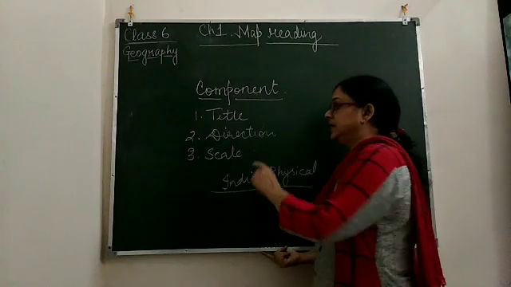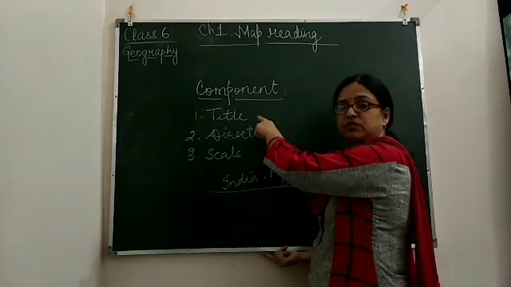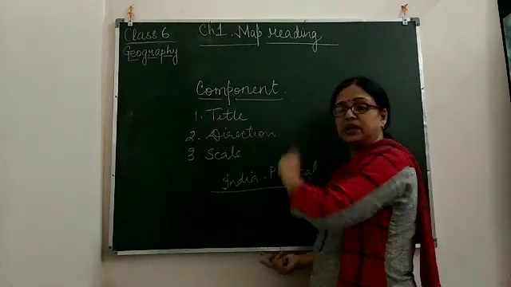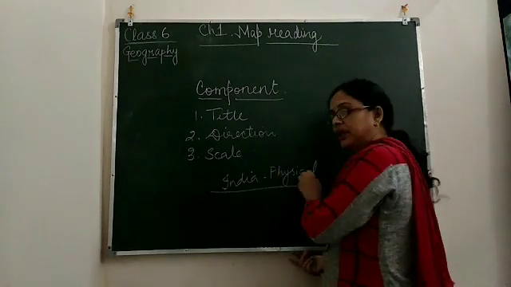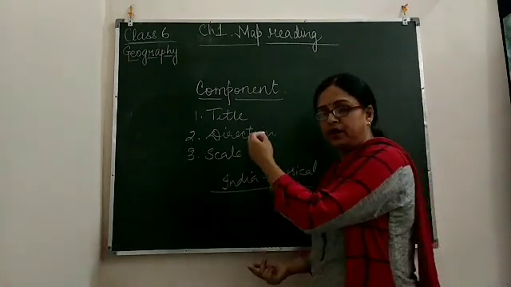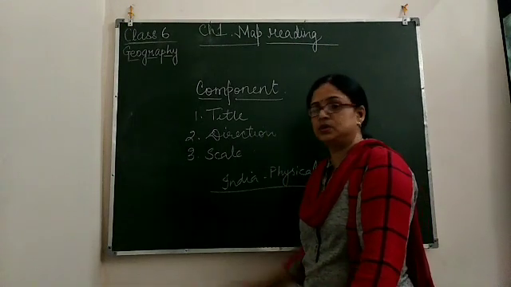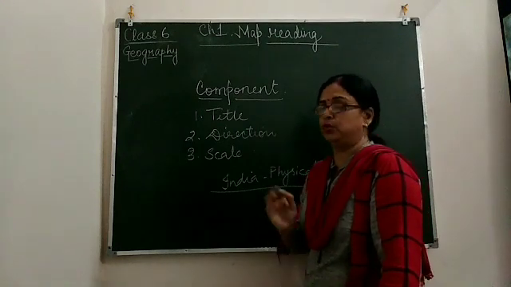It means that the map above is the map of India and it is presenting the physical features. If "India population" is mentioned, it is the map of India representing the population of the country. So a title is a must for the map too.